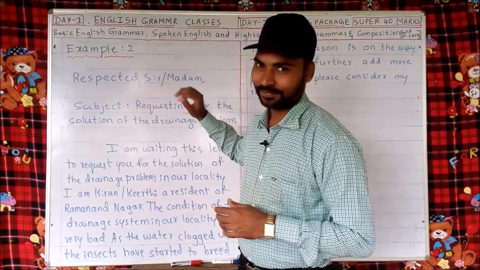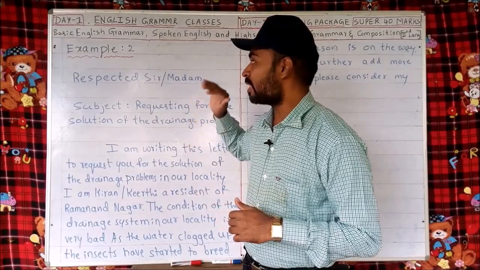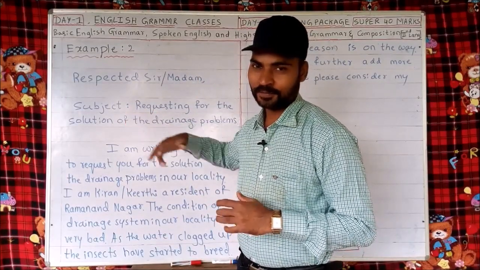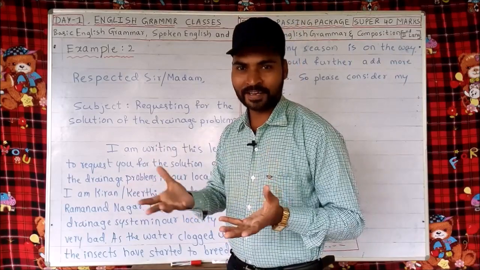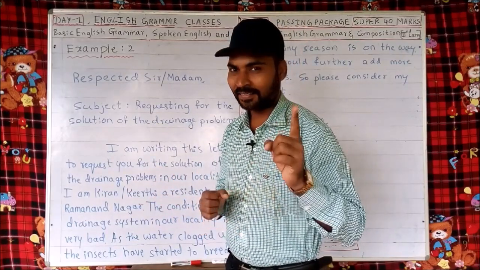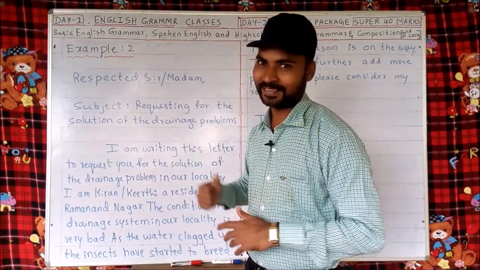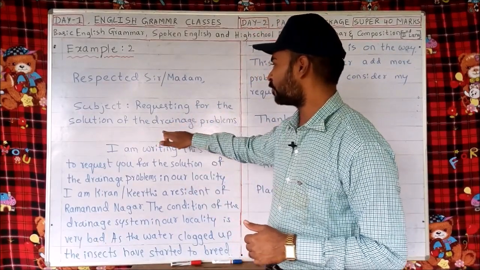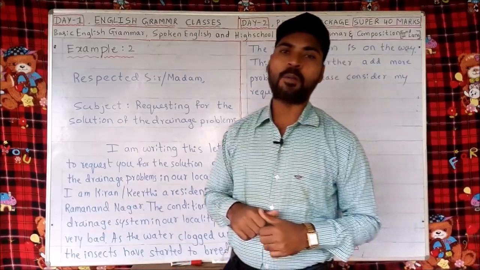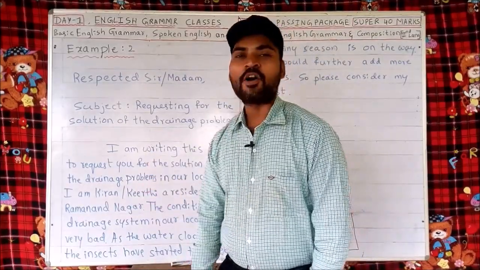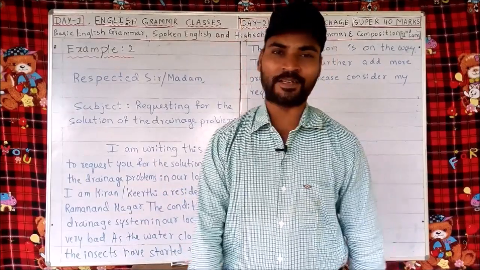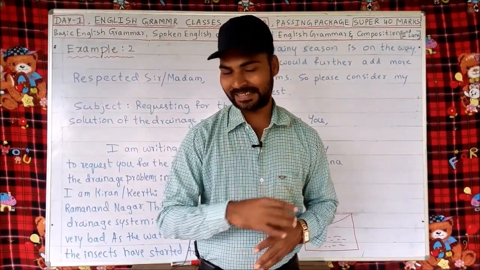So I have written both here. Then the fifth step is the subject. Whatever problem we are highlighting in our letter, that is the subject that we should write here. Requesting for the solution of the drainage problem. Now the body of the letter. This is the sixth step in our formal letter.